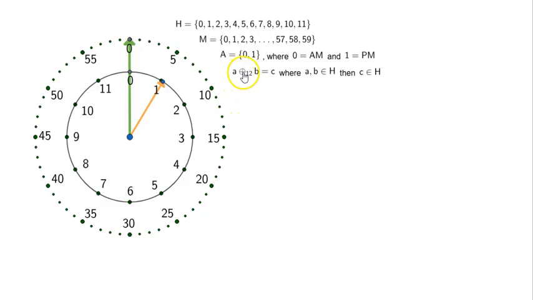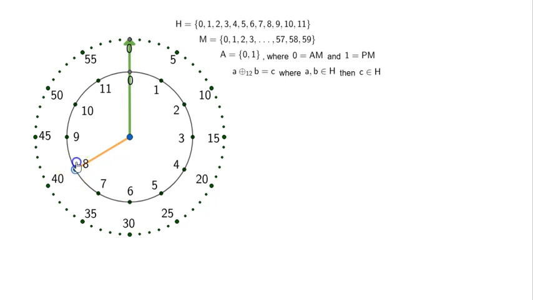A addition modulo 12 B is equal to C, where A and B belong to H, then C also belongs to H. What this basically means is that if you take any two elements in the set H, let's say 3 and 5, then 3 plus 5, 1, 2, 3, 4, 5, gives us 8, which is C. So C, if you notice, also belongs to the set H.